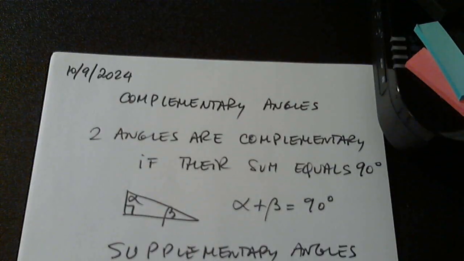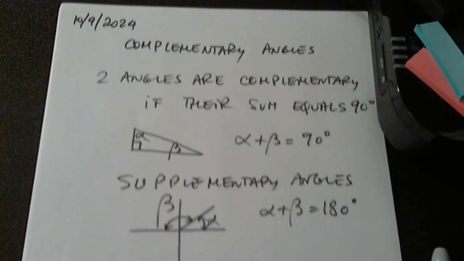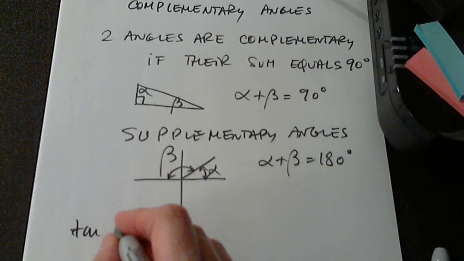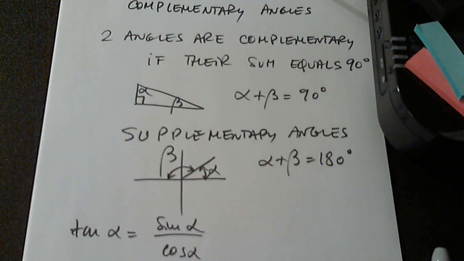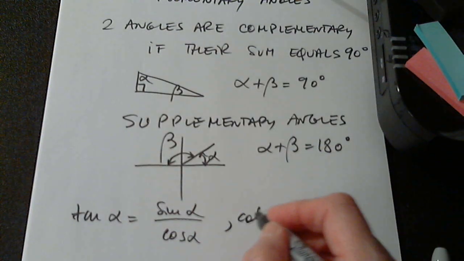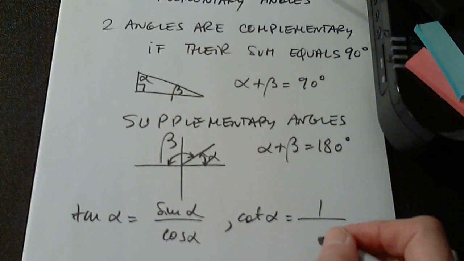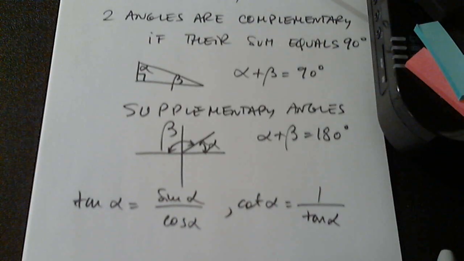So let's review our formulas and then we'll work on some problems. So remember the definition of tangent. Tangent alpha equals sine alpha over cosine alpha. Cotangent alpha is the multiplicative inverse, so it's 1 over tangent alpha.